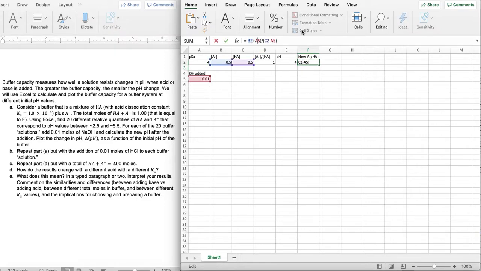Since I plan on throwing this down through a bunch of different iterations, I'm going to put a dollar sign to make sure that it stays right there on that number. So now that's the new ratio. And we don't know anything about the concentration of OH that we're adding. Are we adding 10 milliliters, 50 milliliters? What volume of solution do we even initially have?